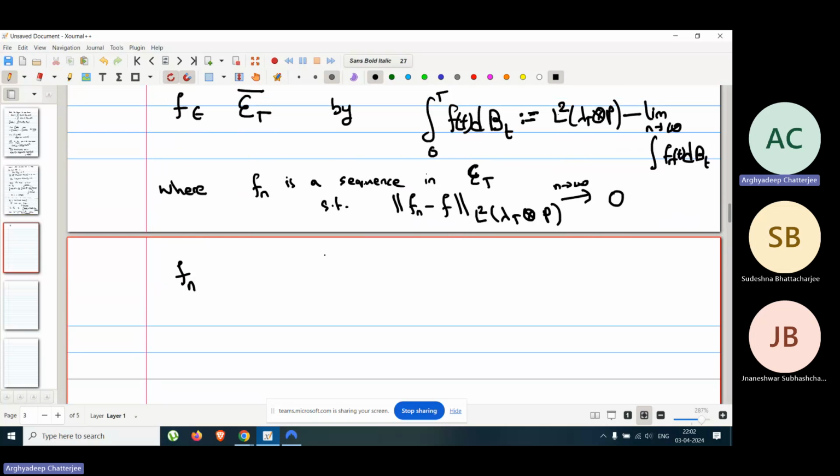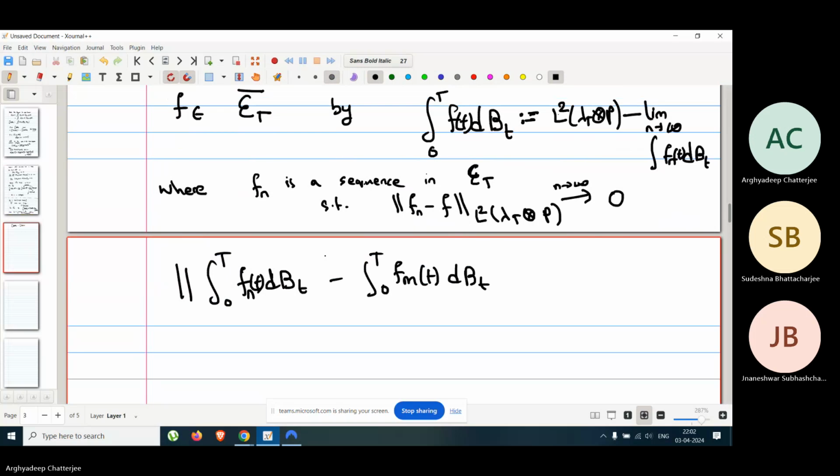So if fn is a sequence which satisfies this property, then we have that the integral from 0 to t of fn(t) dBt minus the integral from 0 to t of fm(t) dBt is in L2.